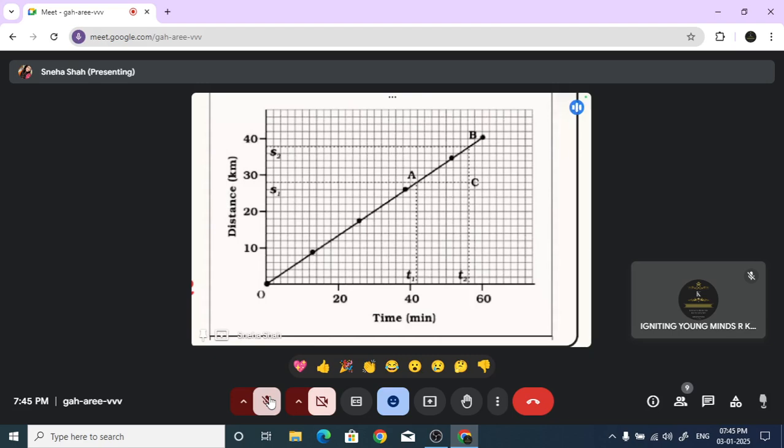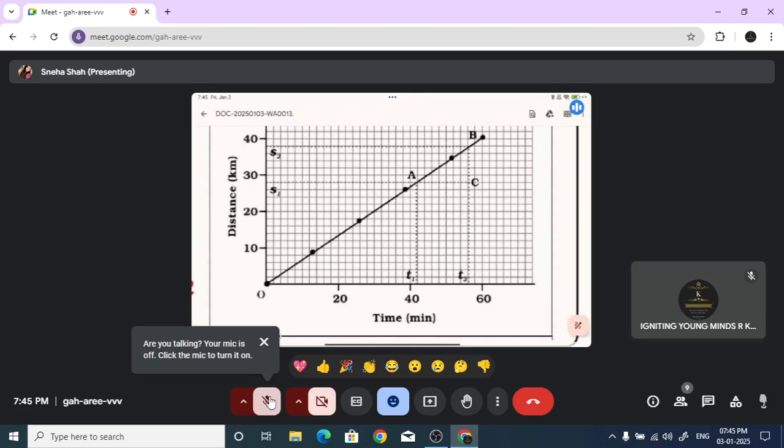We are not going into the quantities or the numbers. We are simply going into the general representation. So the distance traveled up till point A is S1 and up till point B it is S2. In what time? It has reached S1 at time T1, and it has reached point B, that is S2, at time T2.